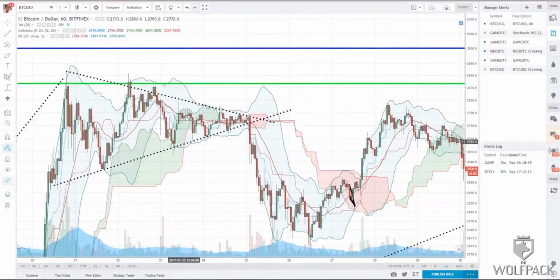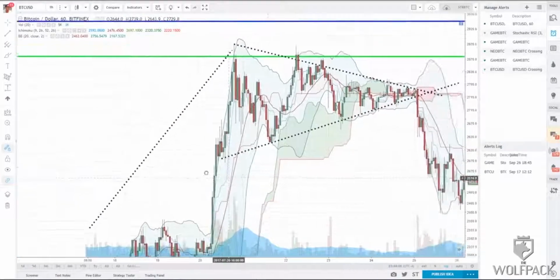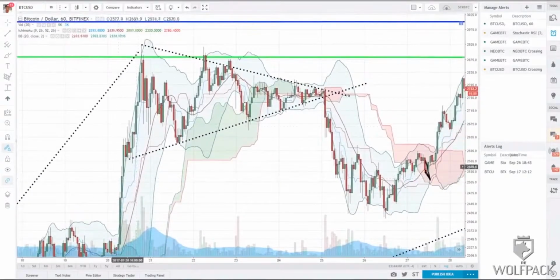Usually you don't see them in alt markets because you can't margin in the alt markets, unless you're on Poloniex. But this is usually made, in my experience, by margins. So a bunch of longs were here, and then the market got split because there weren't that many regular buy orders, and at the same time all of these longs that were made up here got squeezed out down here.